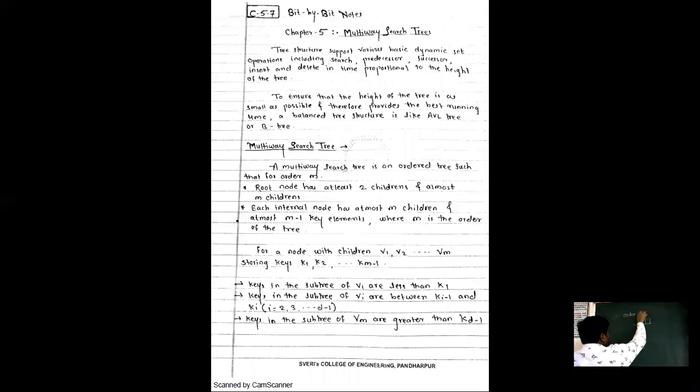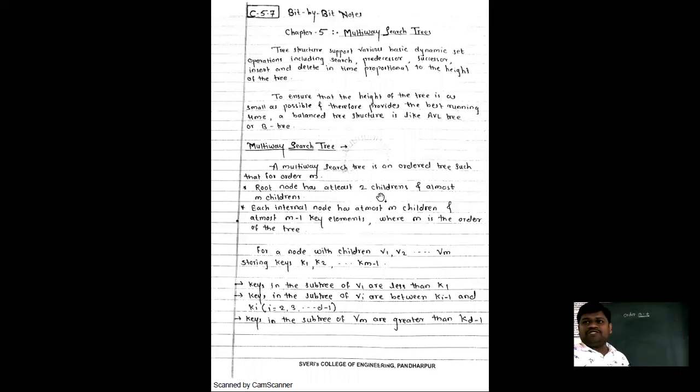So order m, suppose m is equal to 4 is given. Suppose the value of m is 4, it means you are able to consider at most 4 children in one node. Here you can see the first statement: the root node has at least 2 children.